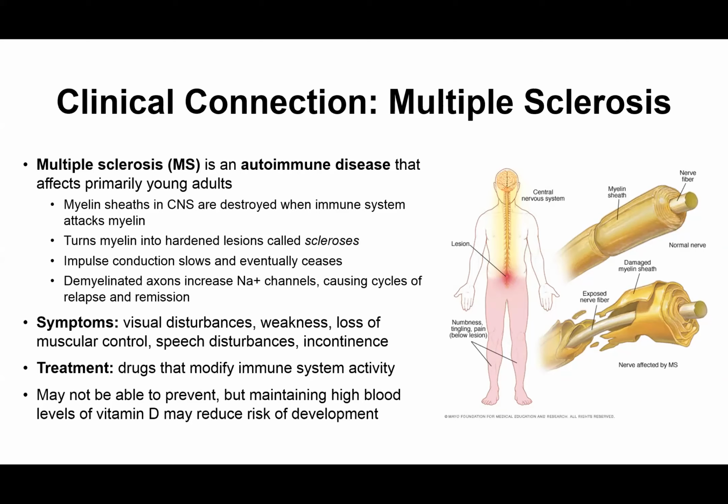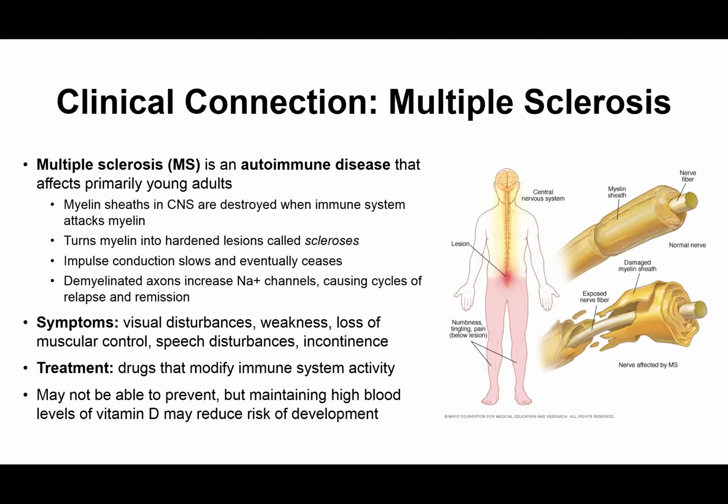Multiple sclerosis primarily affects young adults. The myelin sheaths in the central nervous system become destroyed because the immune system is attacking myelin and turning it into lesions called scleroses, which is where we get the sclerosis part of multiple sclerosis.